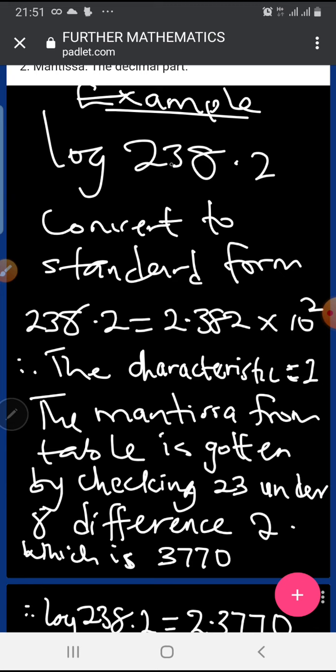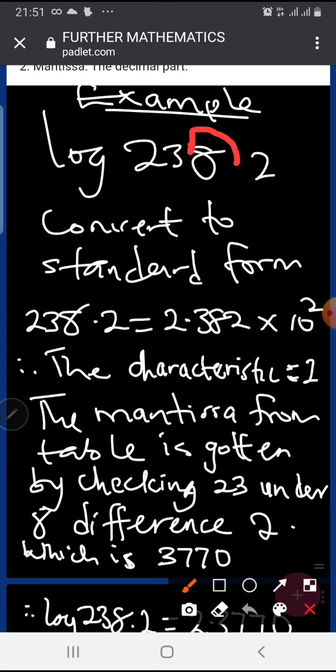The first whole number here is 2, so we move the point behind 2. You move it 1, 2, taking 2 steps. That's why you multiply the number by 10 raised to power 2.